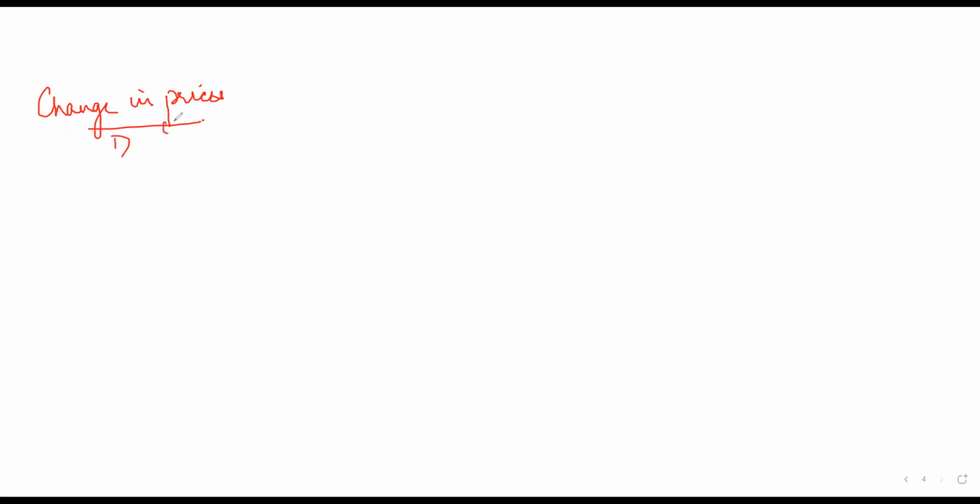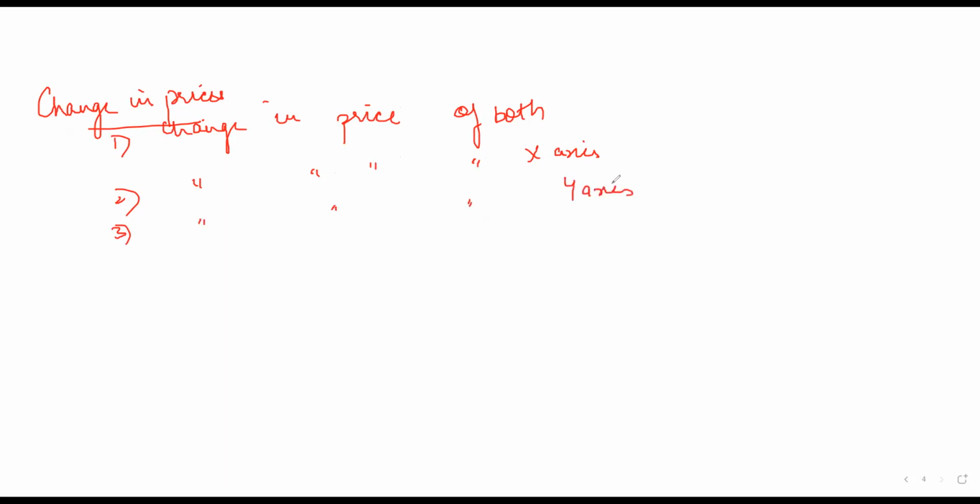There is a change in price of both commodities, or there can be a change in price of the commodity on the x-axis, and then there is a change in price of the y-axis commodity. So these are the three situations which can occur. Now let us see what is the impact of this.